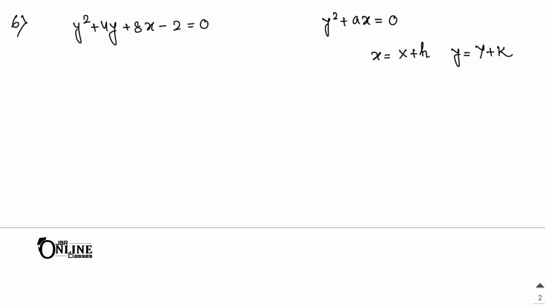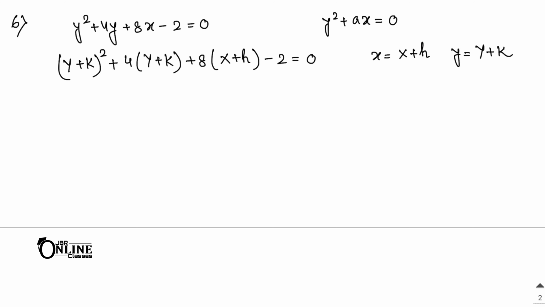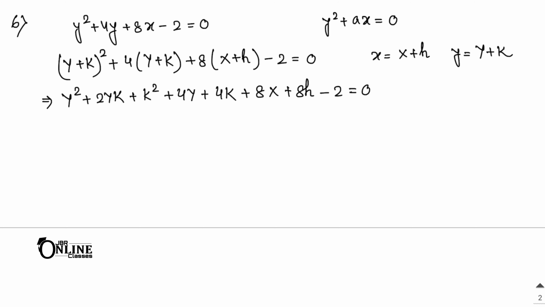Now substituting the value in the given equation y square plus 4y plus 8x minus 2, you can write: (capital Y plus k) whole square, then 4 into (capital Y plus k), then plus 8 into (capital X plus h) minus 2, that equals 0. Now again, Y square plus 2Yk plus k square plus 4Y plus 4k plus 8X plus 8h minus 2 equals 0.